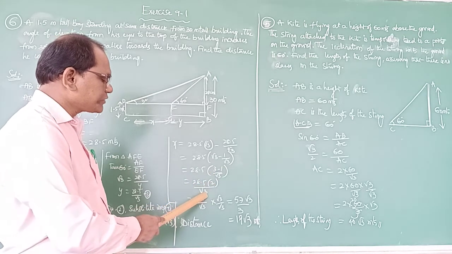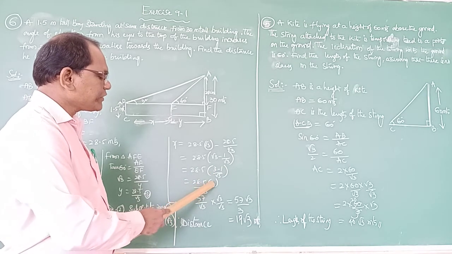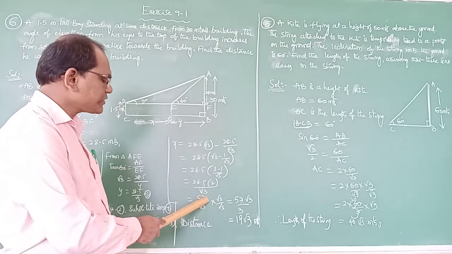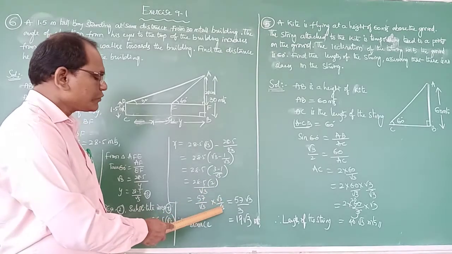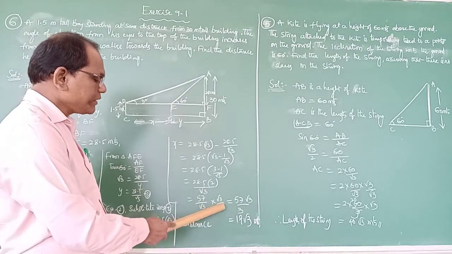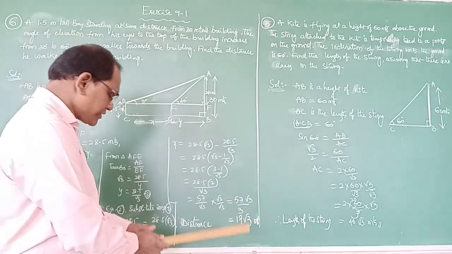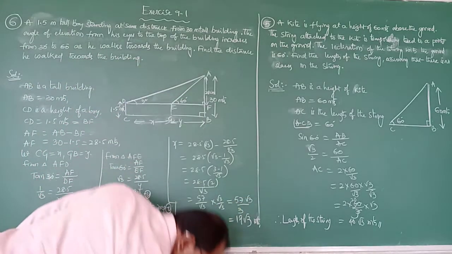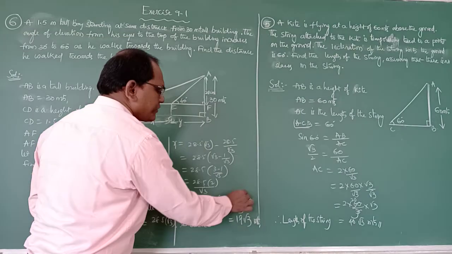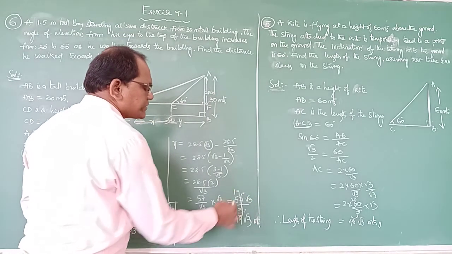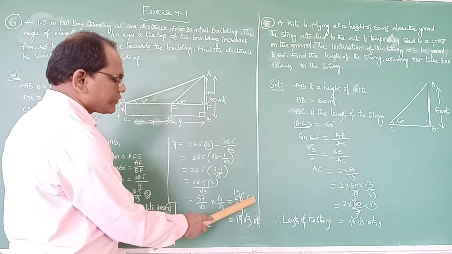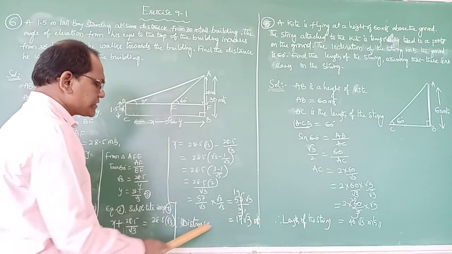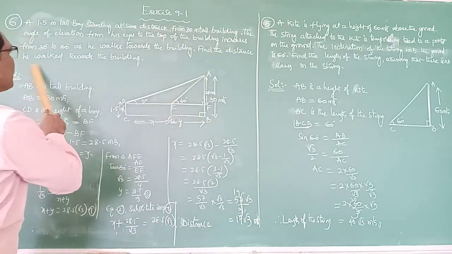So 28.5 into 2 by root 3. 28.5 into 2 is 57. 57 by root 3, multiplying by root 3 on top and bottom, gives 57 root 3 by 3. Three ones are 3, three 19s are 57. Therefore 19 root 3 meters is the distance he walked towards the building.